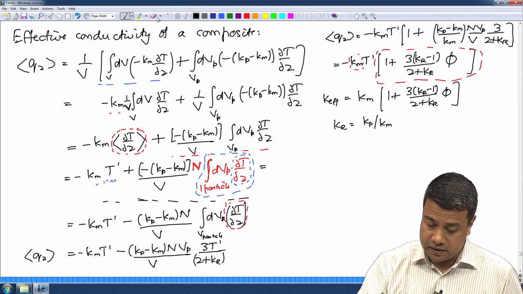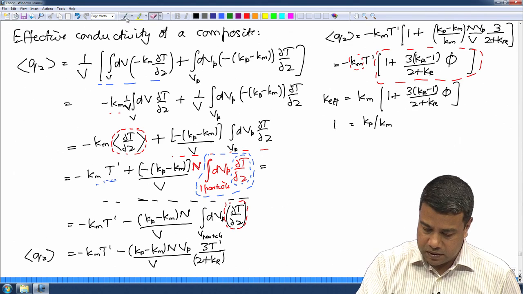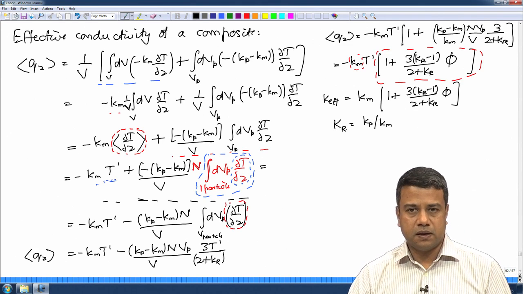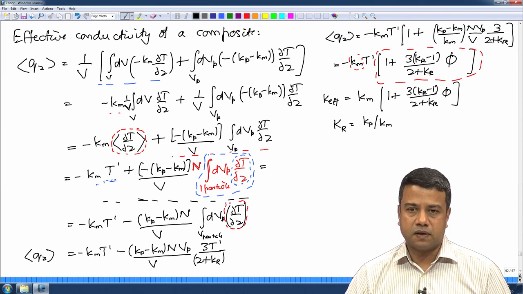That is the relative conductivity of the particles with respect to the matrix. So, that is the final solution for the effective thermal conductivity of a composite.